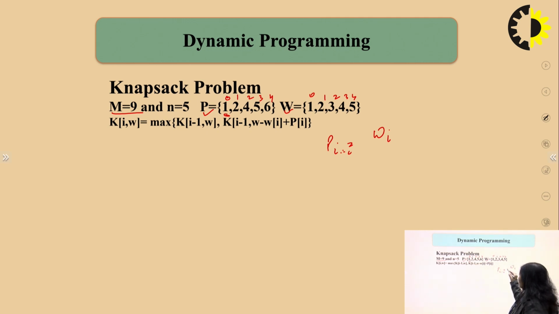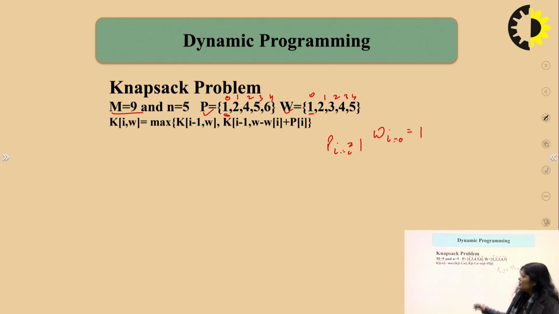So this is 1, and if I refer to Wi, where i is equal to 0, this refers to the weight of the first object, which I can find from this W vector. And as I can see, for the first object we have the weight and the profit as 1 unit. Okay, so this is the problem that we have been given.